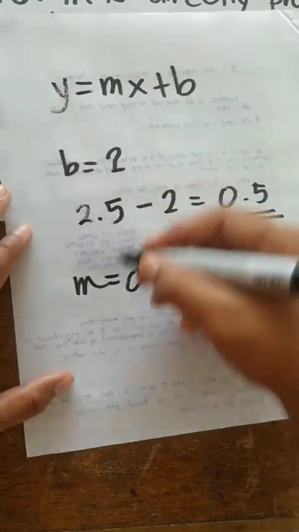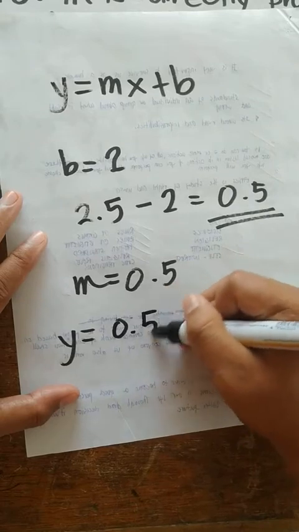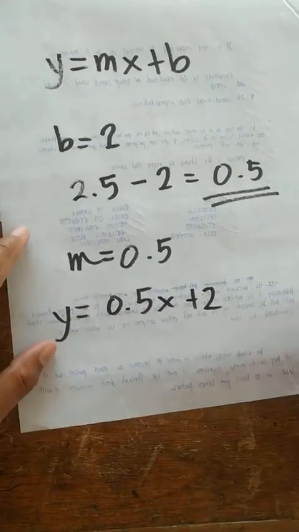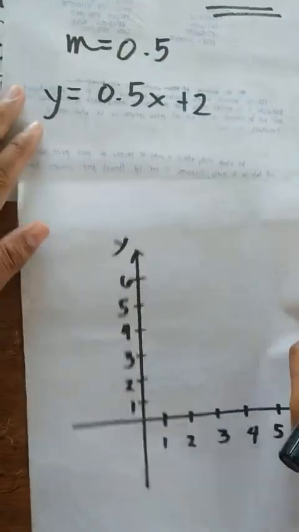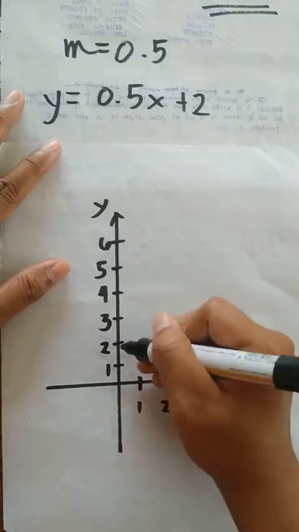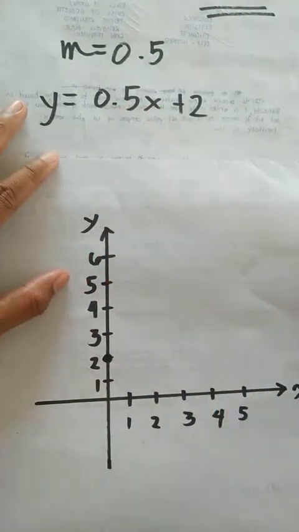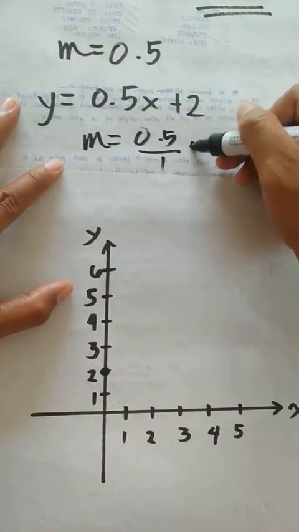We are going to substitute that into our equation, so we will have 0.5x plus 2, mx plus b. Now we are going to graph it. Our y-intercept is 2, so we start at 2. Our slope is 0.5, so remember rise over run.